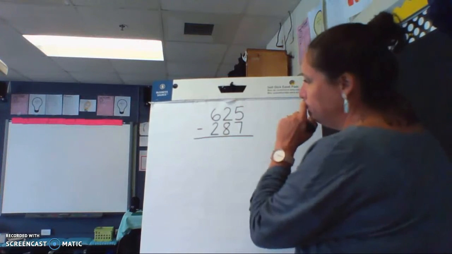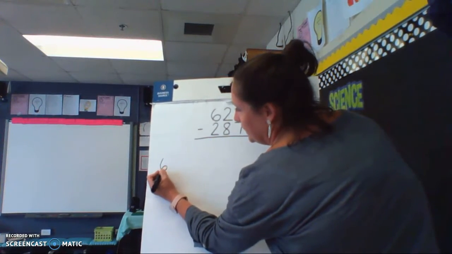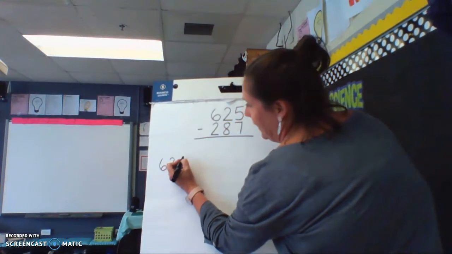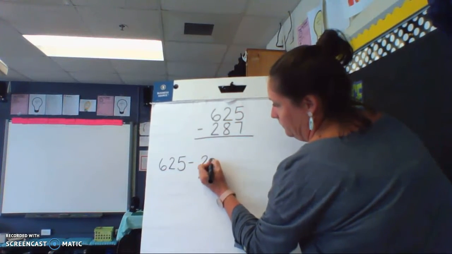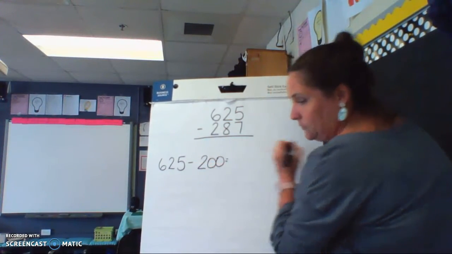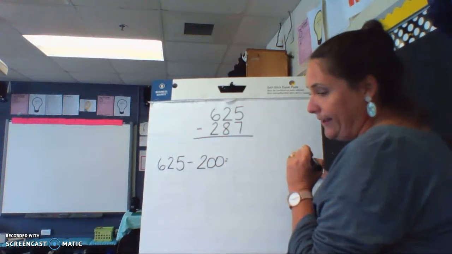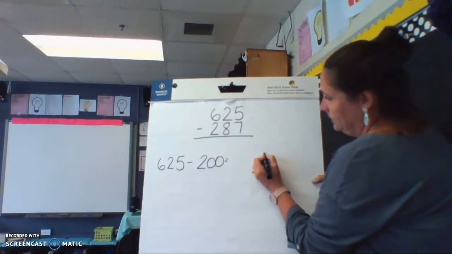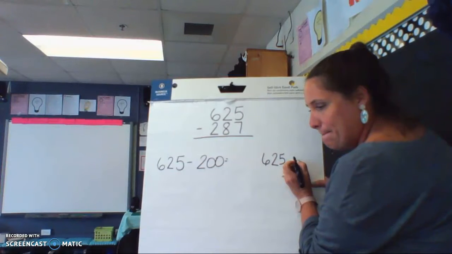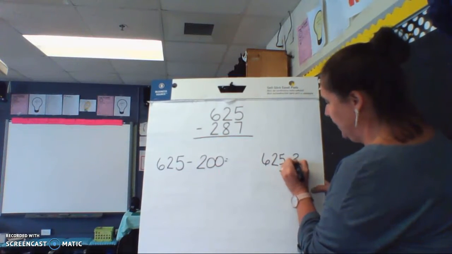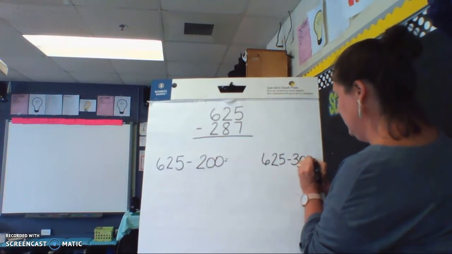So we have 625 minus 200 equals. We have, let's see, 625 minus 300 equals.